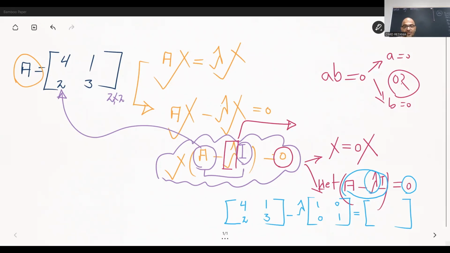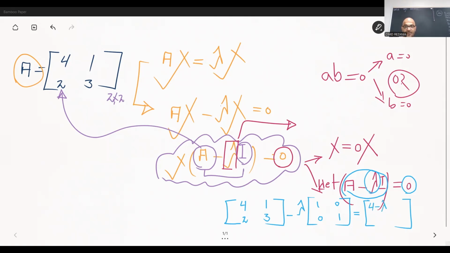Then you have lambda 0, 0, lambda. You subtract 2 by 2 matrices, so there is compatibility for subtraction. Each element is going to be subtracted by the corresponding element. If I have 4 here, it has to be subtracted by what? Lambda, because 4 minus lambda, I have 4 minus lambda.